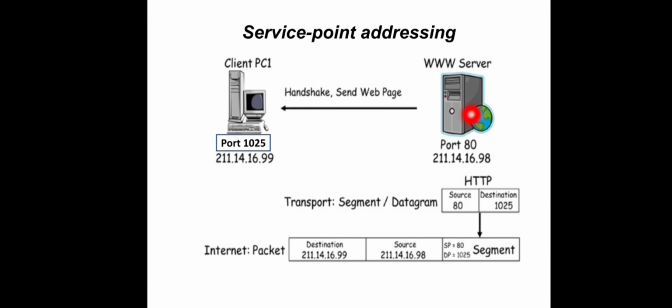So definitely HTTP requests are handled by the well-known port number 80. So at the receiver, the process port number is 80, and the server's IP address is 211.14.16.98. Okay, so this is how these two machines and the corresponding ports or processes are actually identified.